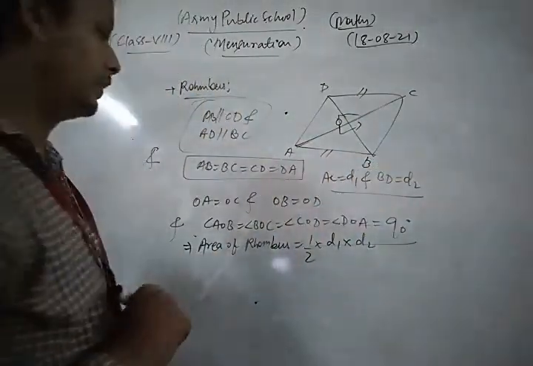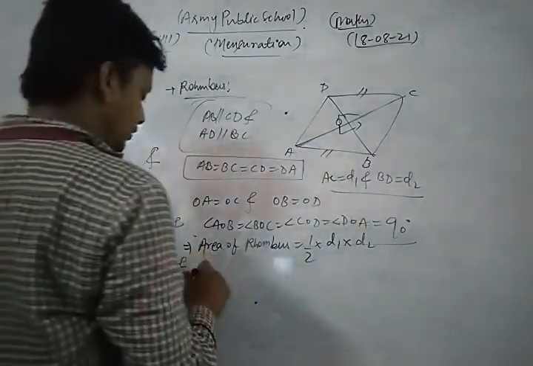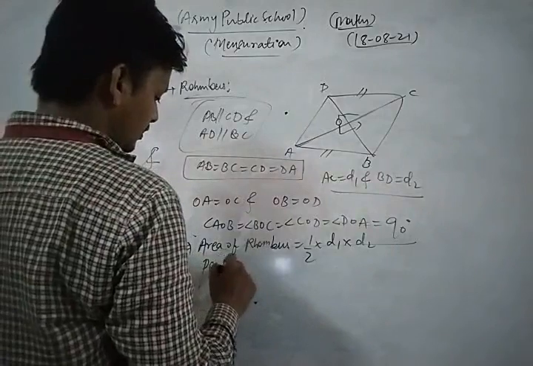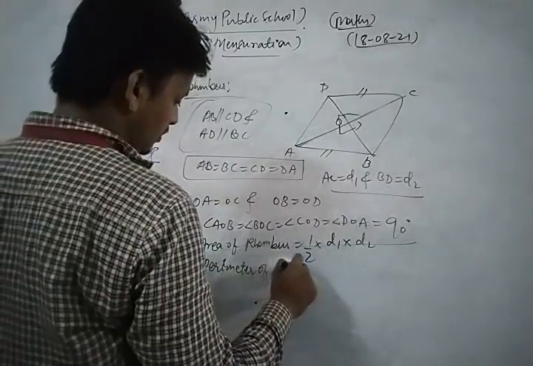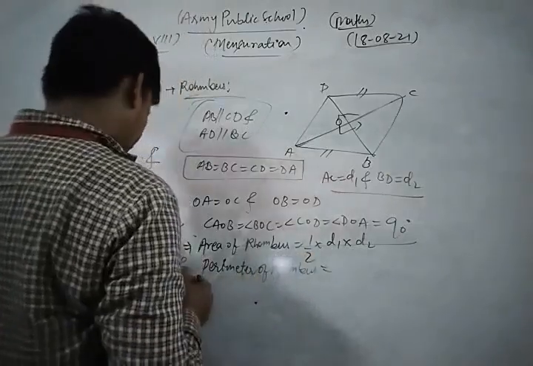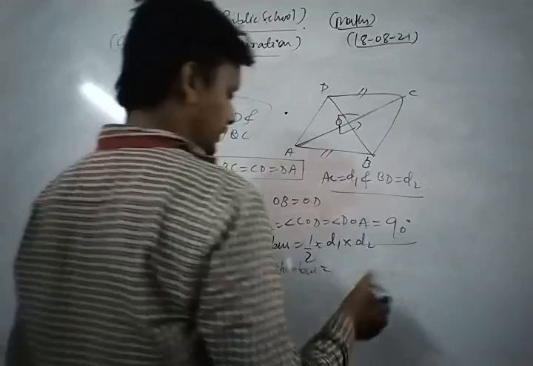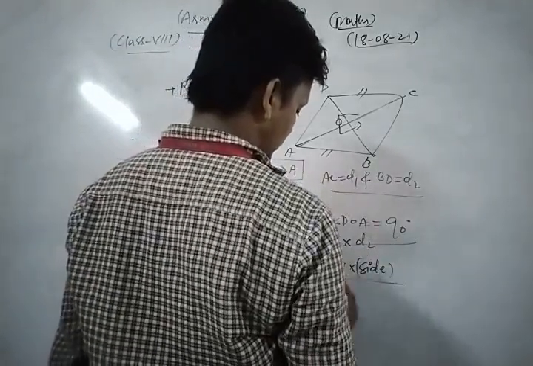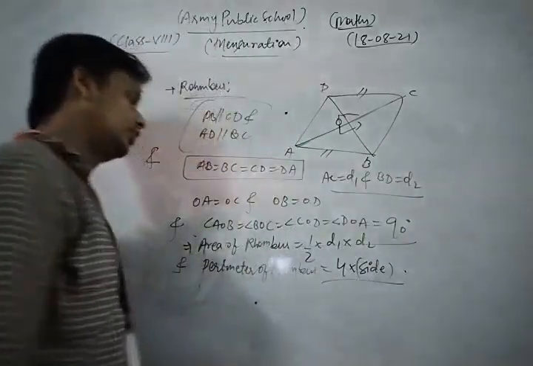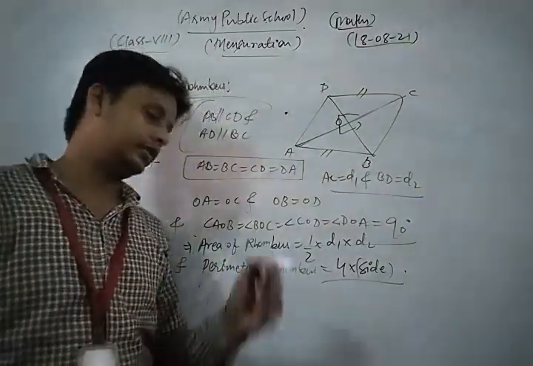Then the area of the rhombus is 1 upon 2 D1 into D2. The second formula is the perimeter of the rhombus. Perimeter means the sum of all sides, and since all sides are equal, same as a square, it is 4 into side. This is the perimeter of the rhombus, and this is the area of the rhombus.